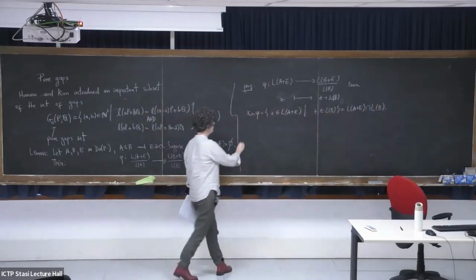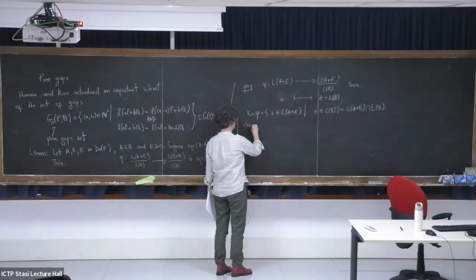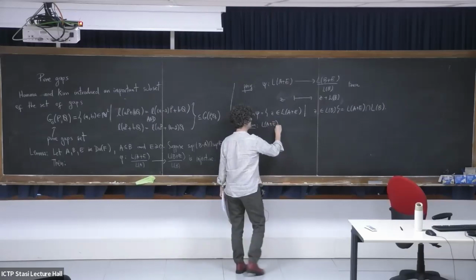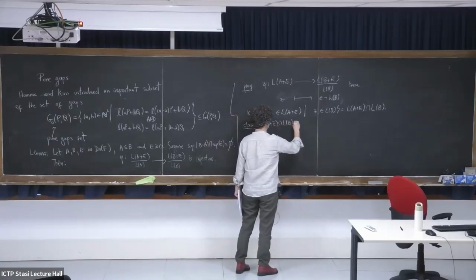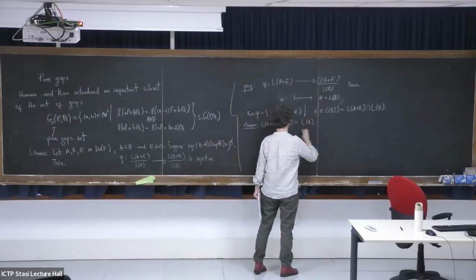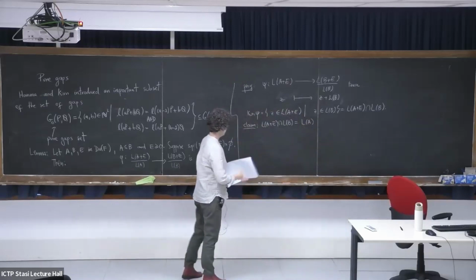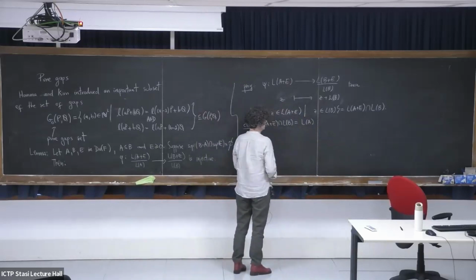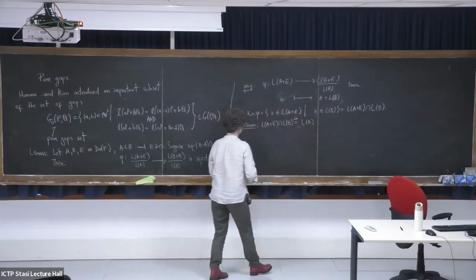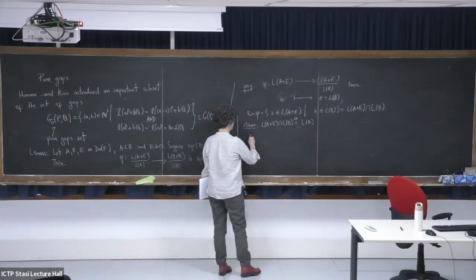Our claim is that when you intersect this and this, all you get is L(A). This inclusion we have already: L(A) is contained here, L(A) is contained here because A is smaller than B. So we just need to do the other direction. Okay, so we take zeta here.